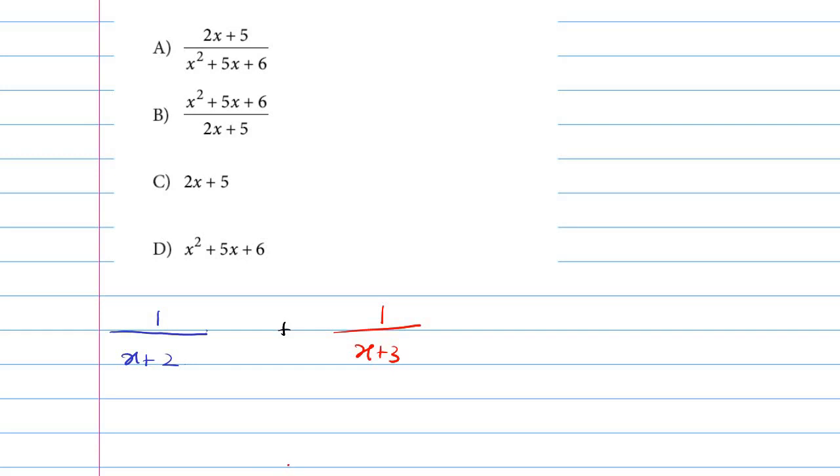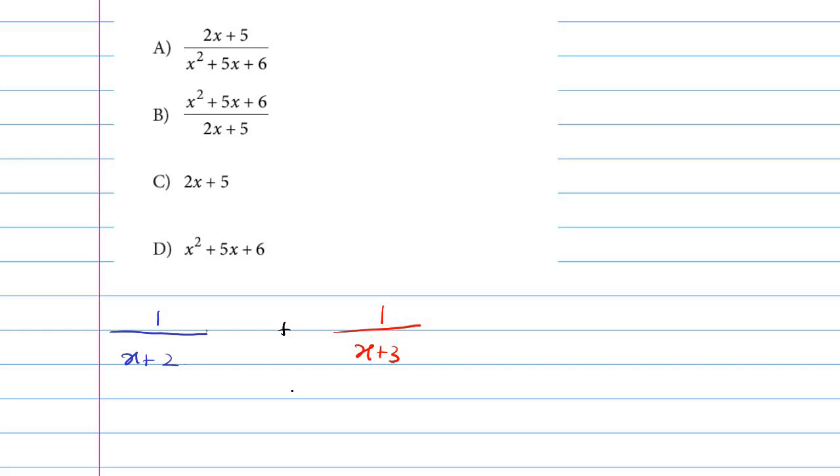So what do we do now? You can't just go ahead and add two fractions. You need to have the same denominator on the two fractions. Here you just have x plus 2, and on the other side you have x plus 3, so you can't just go ahead and do anything with this.